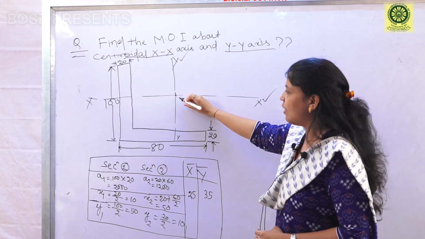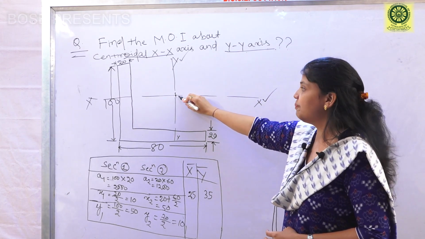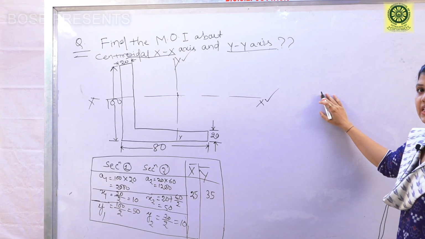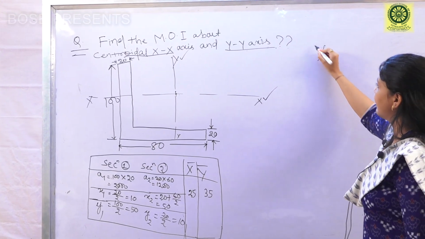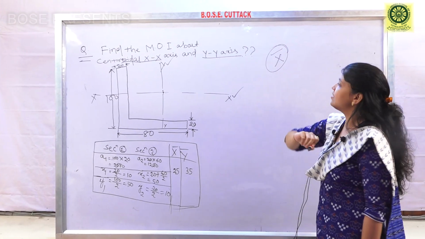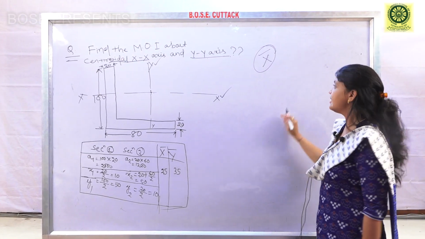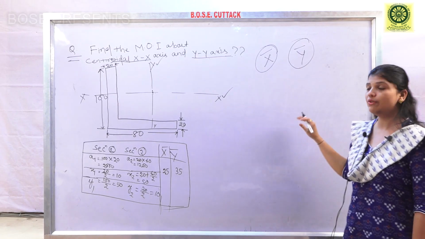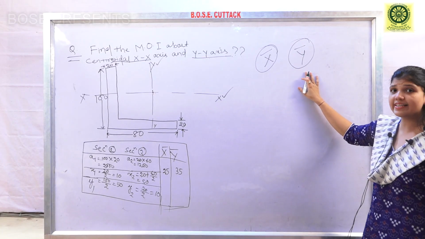So first of all we have to calculate the centroid. That means we have to find out the locus of the centroid. That means we have to find out the x bar, that is the distance of the centroid from the y-axis, and the y bar, that is the distance of the centroid from the x-axis.